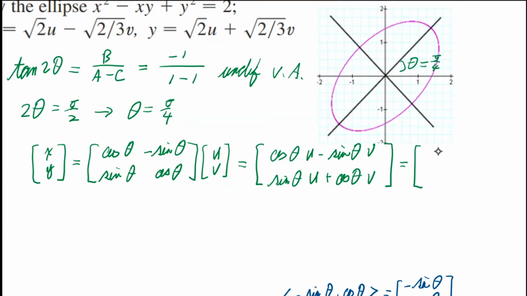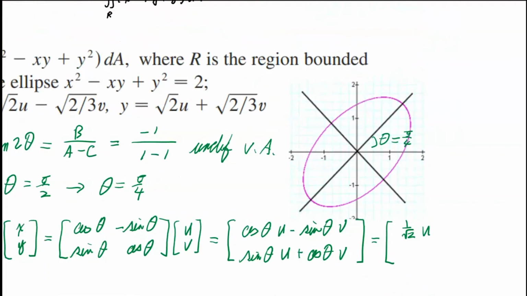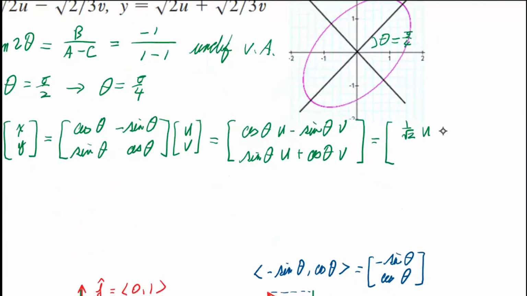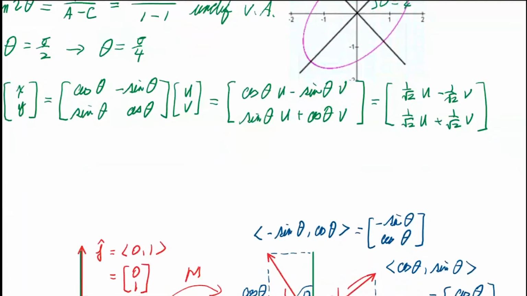So 1 over root 2 U plus 1 over root 2, and then minus 1 over root 2 V. And this will be 1 over root 2 U plus 1 over root 2 V. Okay? And if we do all of that, then we can rotate this ellipse back. So that was pushing it a little more.